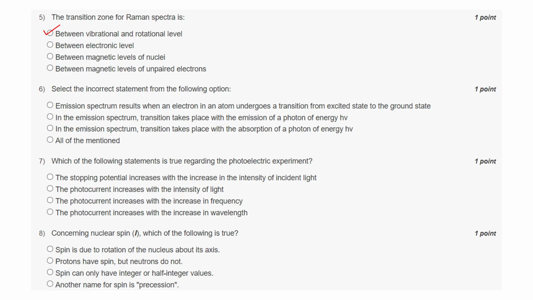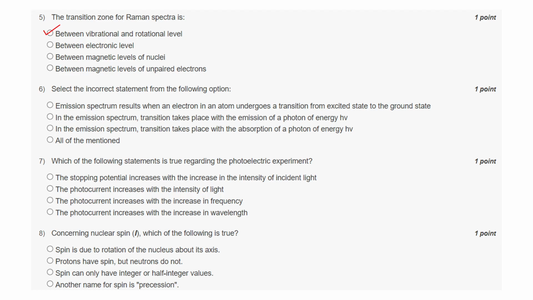Then the second statement, in the emission spectrum, transition takes place with the emission of a photon of energy hν. This is also correct. Now, the third statement, in the emission spectrum, transition takes place with the absorption of a photon of energy hν. And the fourth option is all of the mentioned.